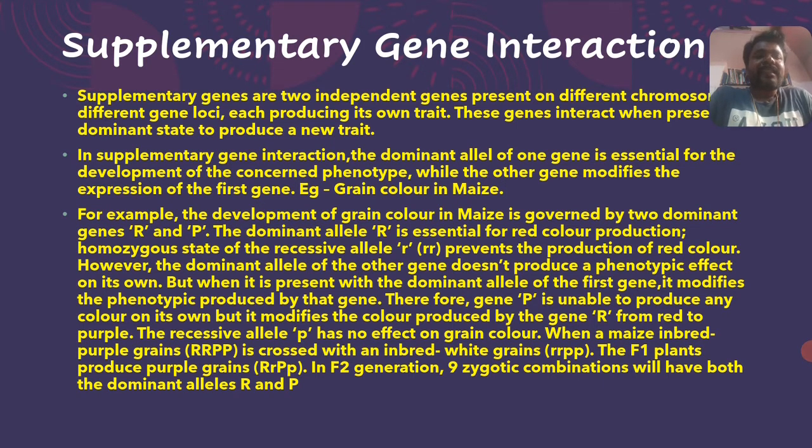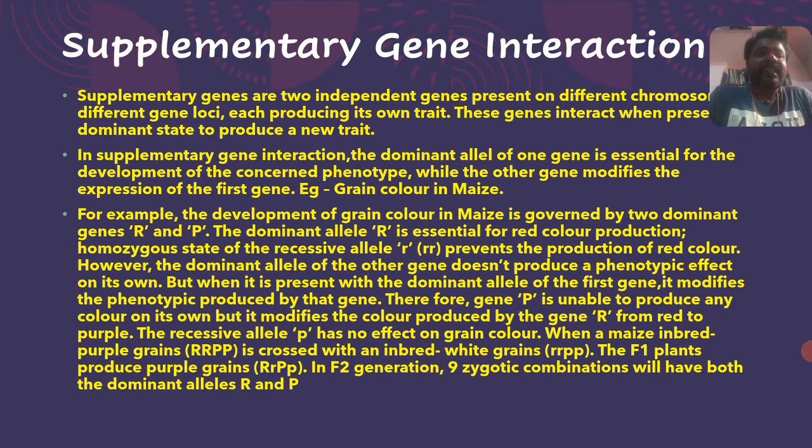When a maize inbred with purple grains, capital R capital P, is crossed with an inbred with white grains, small r small p, the F1 plants produce purple grains, with genotype capital R, capital P, small r, small p.